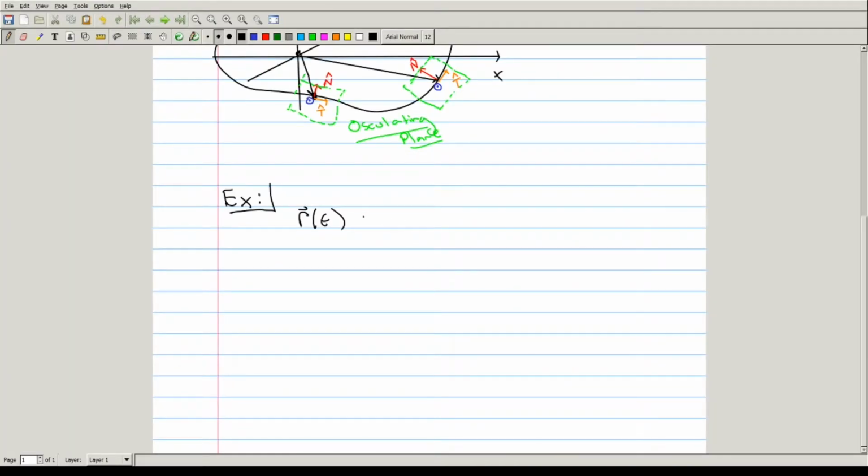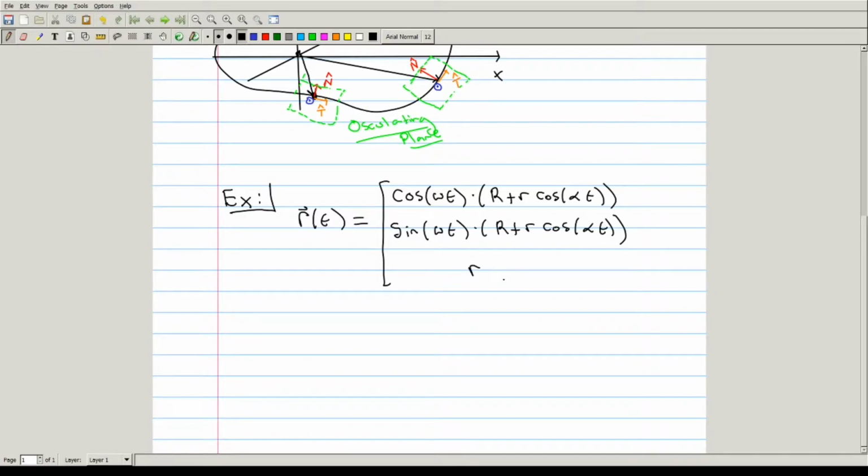R of t is equal to, and we'll say the x component is going to be cosine of omega t times (R plus r cosine of alpha t), the y component is sine of omega t times (R plus r cosine of alpha t), and then lastly r times sine of alpha t.